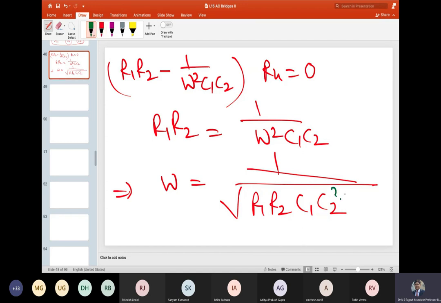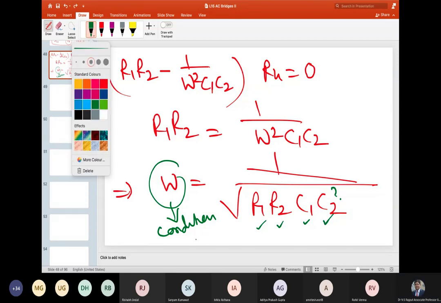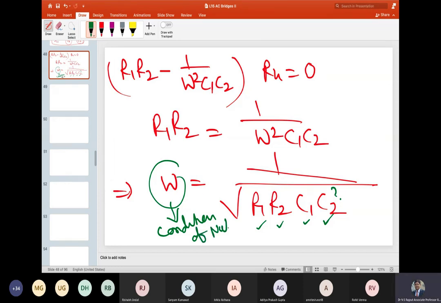So if this is known, and suppose C1, C2, R1, R2 are known and there is some unknown frequency to be measured, you will find the condition of null balance, and whenever this null balance comes, accordingly you can identify that.